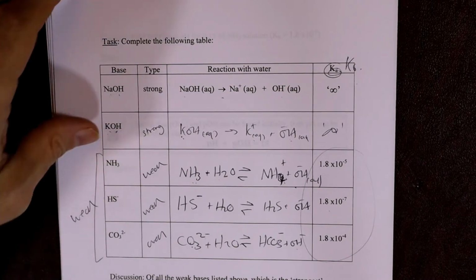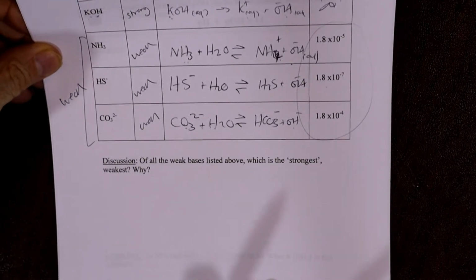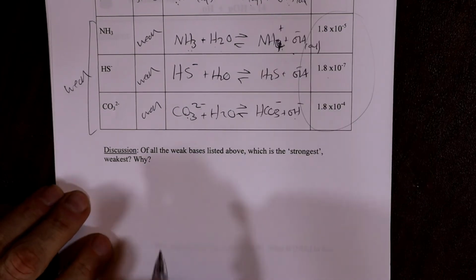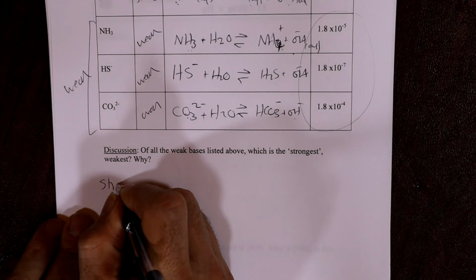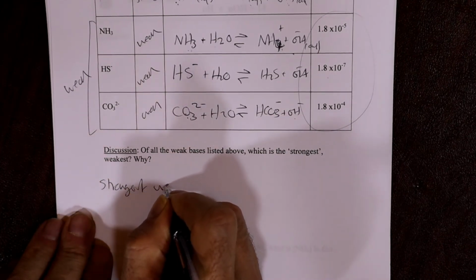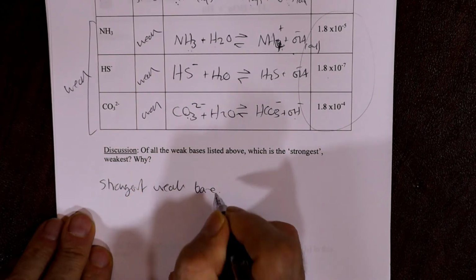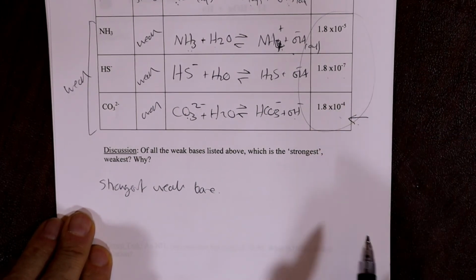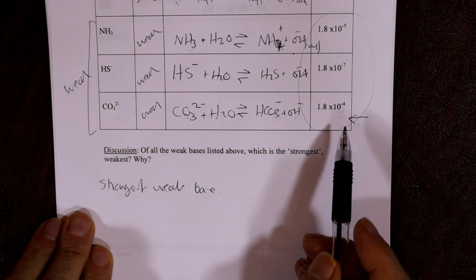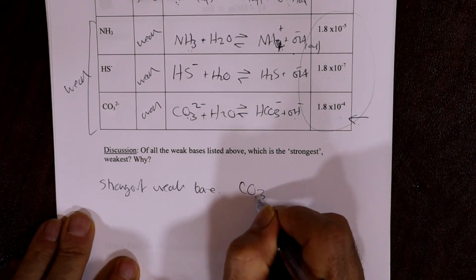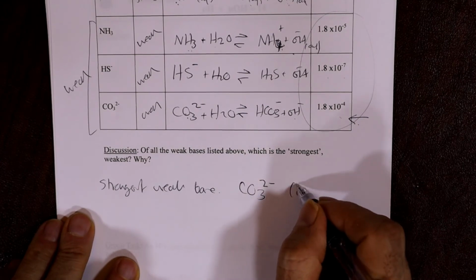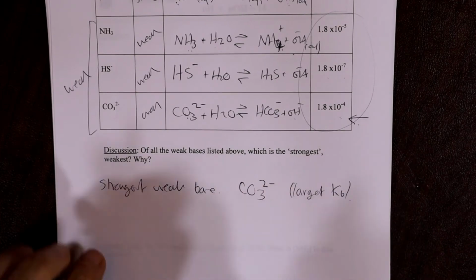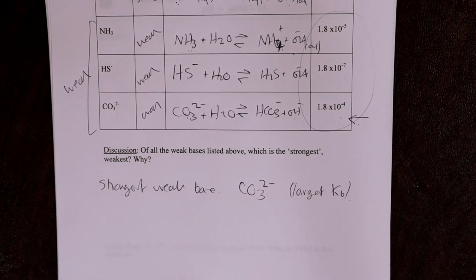Okay. Now, just like before, who's the king of the nerds, right? So who's the strongest of the weak? Well, remember, it's all about the value of Kb. The largest number here is actually the bottom number. Ten to the minus 4 is the largest value there, CO3 2 minus. This is why lots of natural sources of water are slightly alkaline.